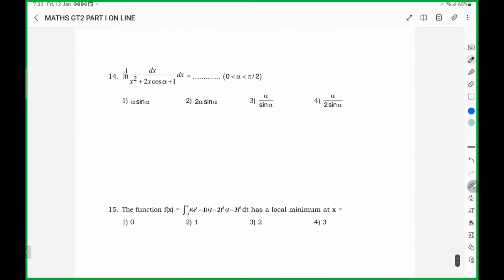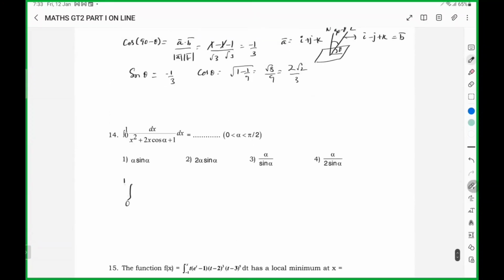So this one, 1 by 2x cos alpha plus cos square alpha plus 1 minus cos square alpha dx, x plus cos alpha whole square.